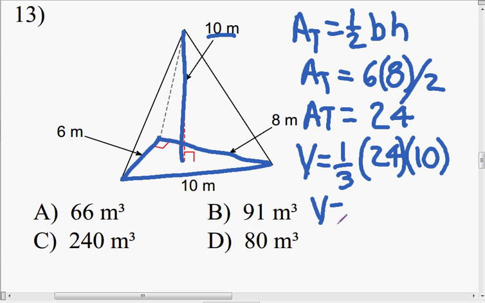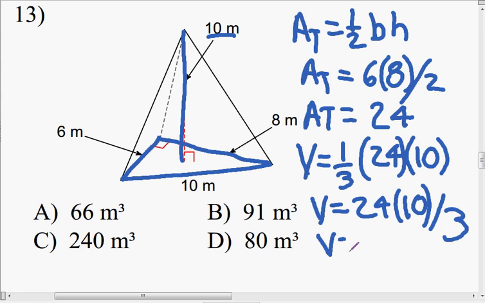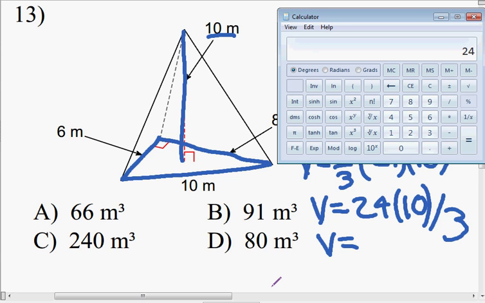In other words, V equals 24 times 10 divided by 3. So I go to the calculator. 24 times 10 divided by 3 equals 80.